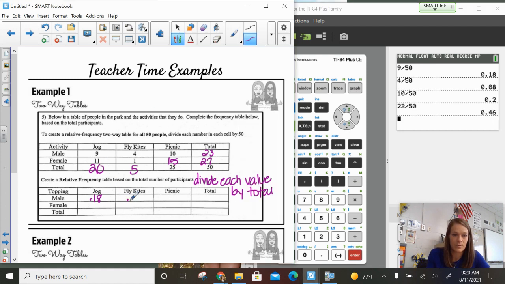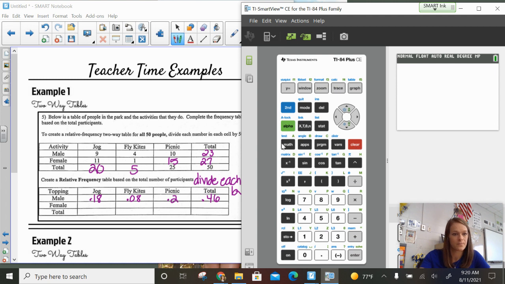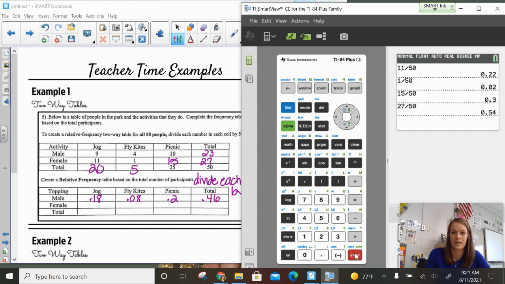So this one will be 0.08, 0.2, and 0.46. Now I'm going to go across and do my females. So 11 divided by 50, 1 divided by 50, 15 divided by 50, and 27 divided by 50.